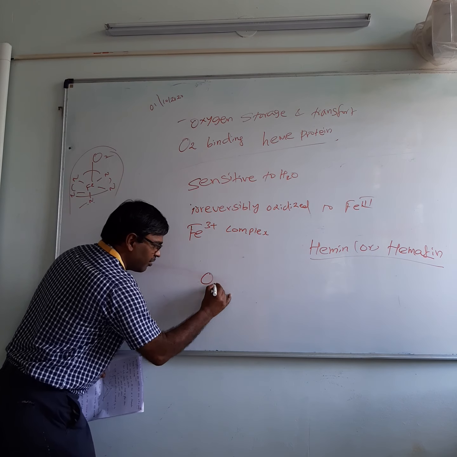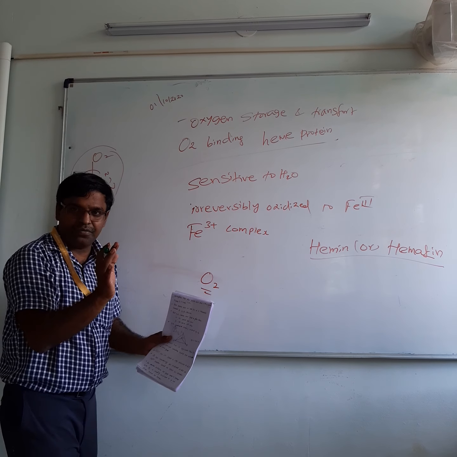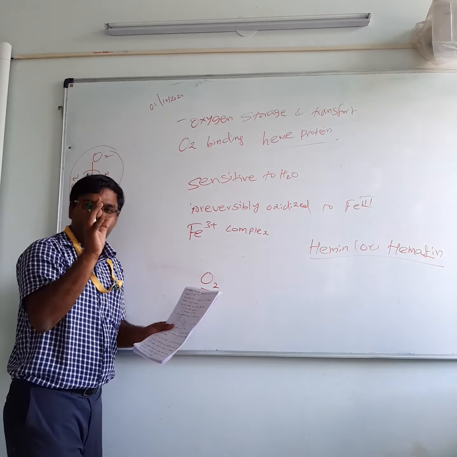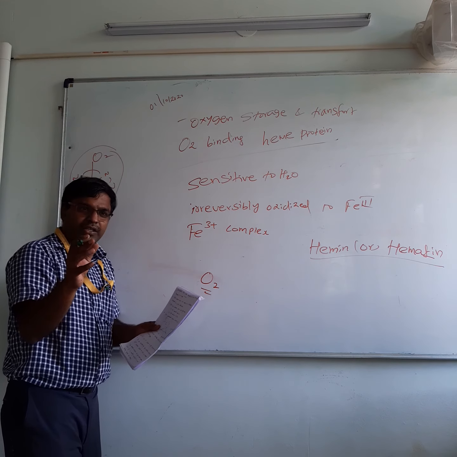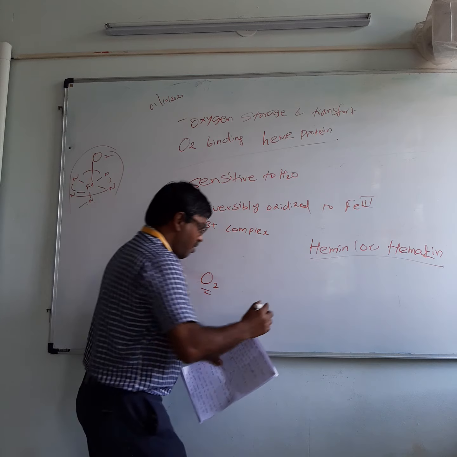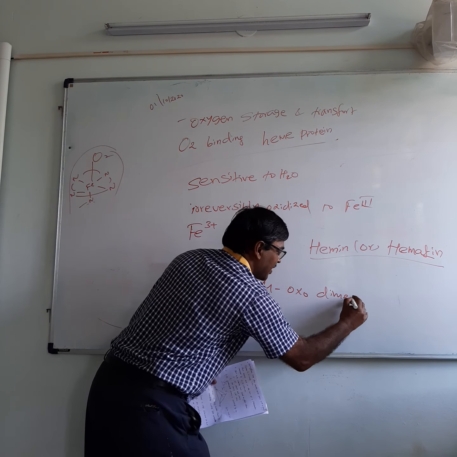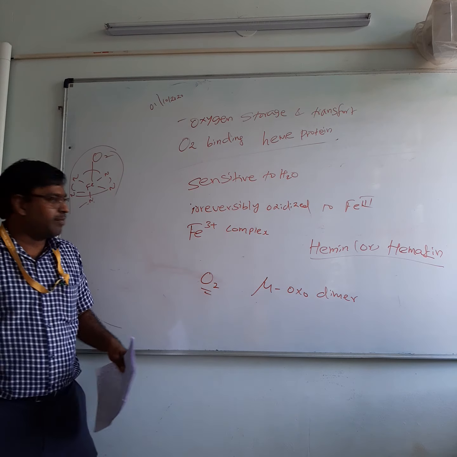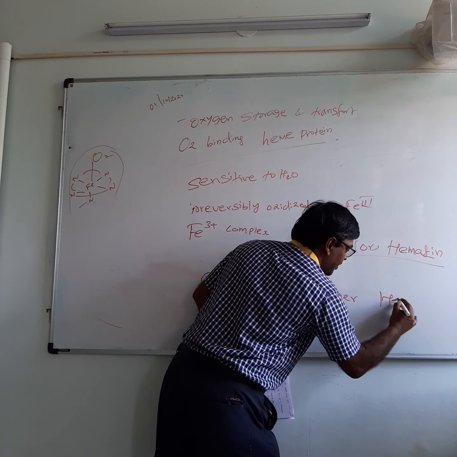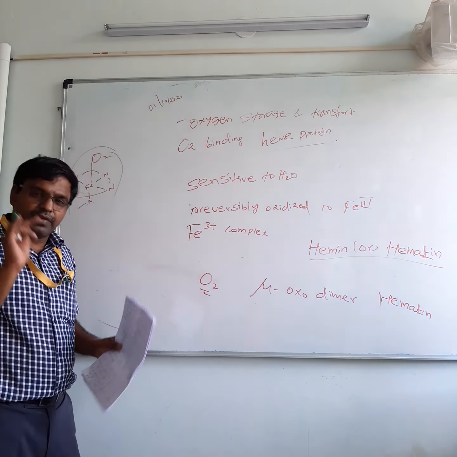The oxygen in its pure form is not reactive, but when the heme pocket is exposed in the presence of water, this oxygen will form a new oxo dimer, and that oxo dimer is nothing but hematin. This is going to happen only in presence of water.